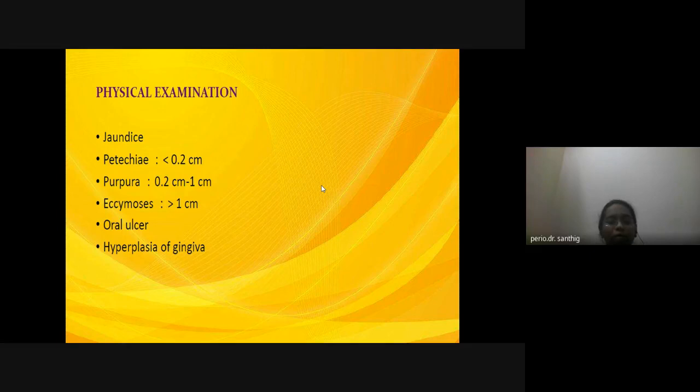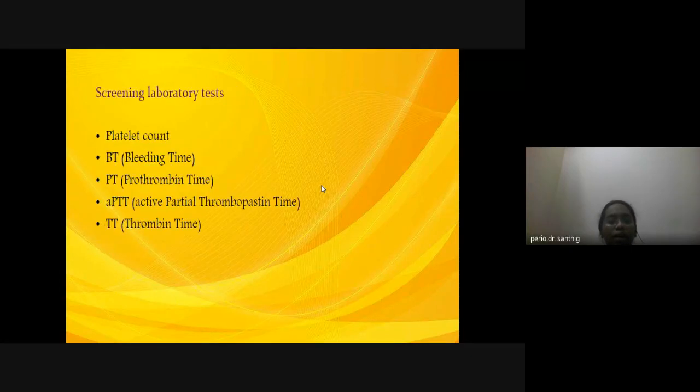Less than 0.2 centimeters, it is petechiae, purpura is 0.2 to 1 centimeters, ecchymosis is greater than 1 centimeters. Also look for any oral ulcers and hyperplasia of gingiva. So by observing these conditions physically, you can suspect any bleeding disorders.